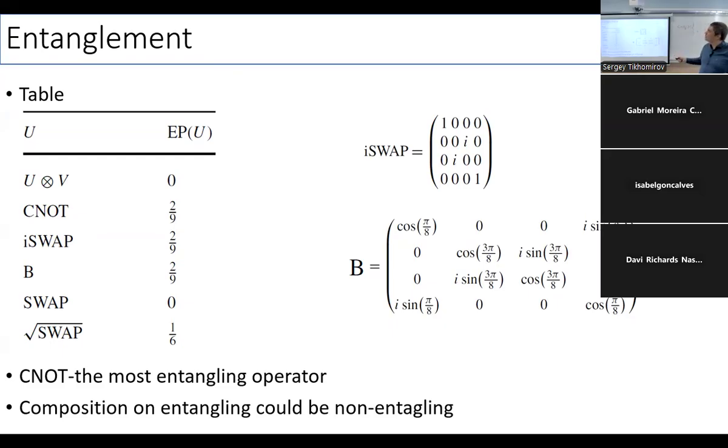So EP of U is always less than or equal to 2/9. It's always less than or equal to 2/9, so 2/9 is the largest possible value. This is not obvious, because you need to consider the integral. I think each value is less than 1.